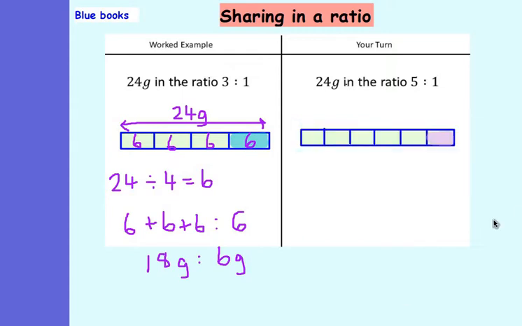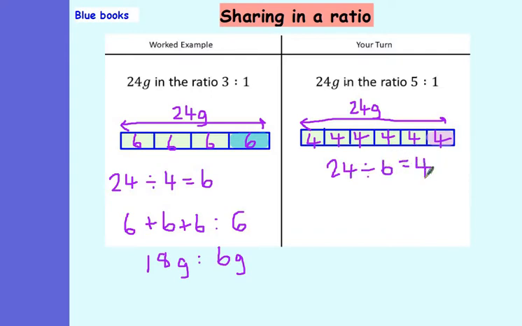Okay, let's go through the answers. I've drawn a bar model again. I know that the whole of my bar is worth 24 grams. This time I've split my bar into 6, so each of those little parts of my bar is now worth 4, because I've done 24 divided by 6.